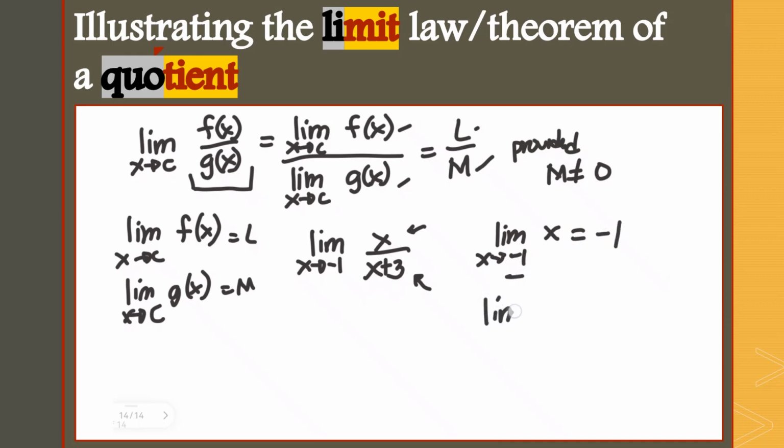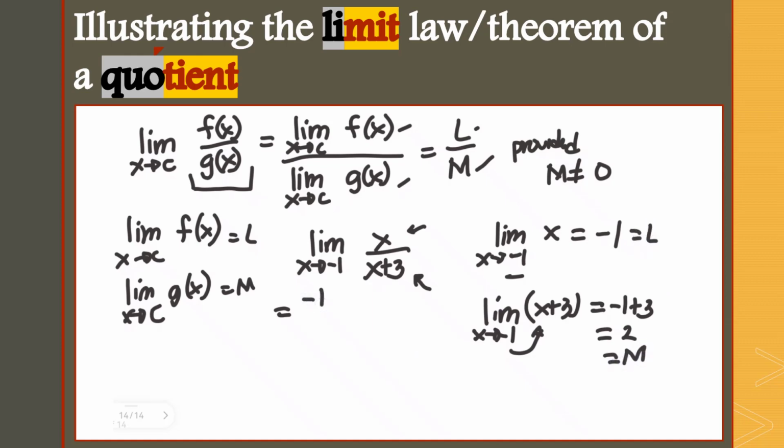And the limit of x plus 3 as x approaches -1 is a limit of a linear function. By direct substitution, you'll have -1 plus 3, which is 2. So the limit of this entire function is just -1, which corresponds to our L, over 2, which is our M. So you have -1/2.